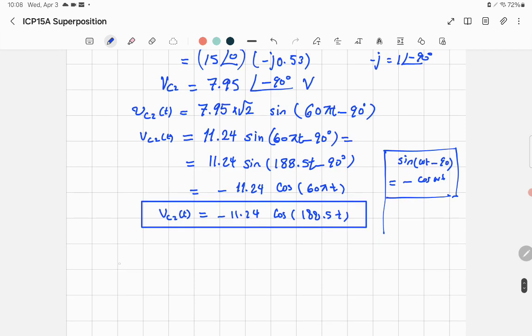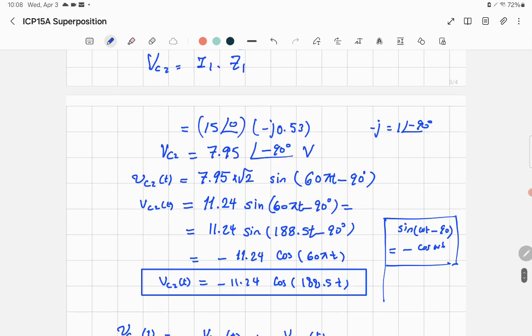So what is the total? Not VC1, the total. Now we want to find the total voltage. VC of t is equal to VC1 plus VC2. Just simple, you put them together. You don't add them, you just put them, like now I have VC2, equal to negative 11.24 cosine 188.5 t.